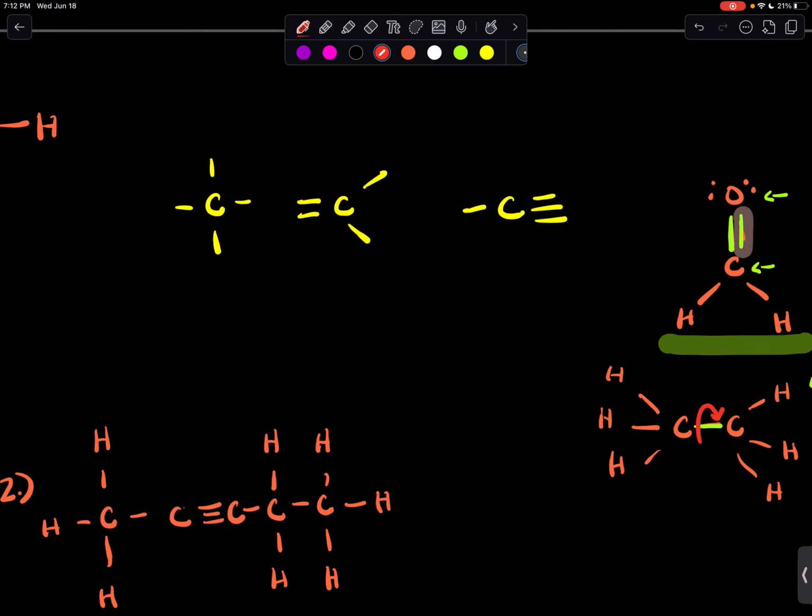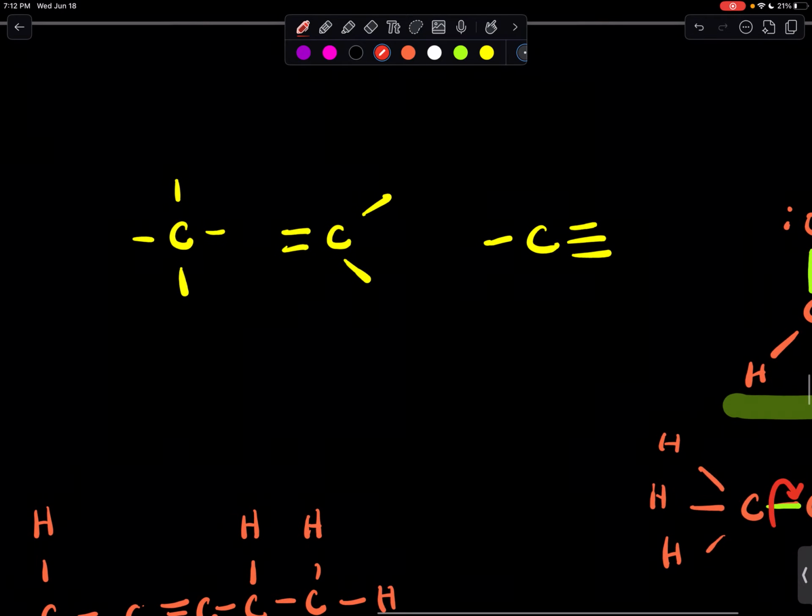So now let's look at these structures right here. We have a carbon with 4 bonds. All that you have to do is look at a carbon atom with 4 single bonds. So then it would be how many pi bonds? Each single bond is a sigma.